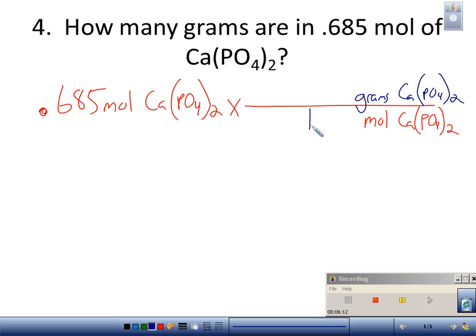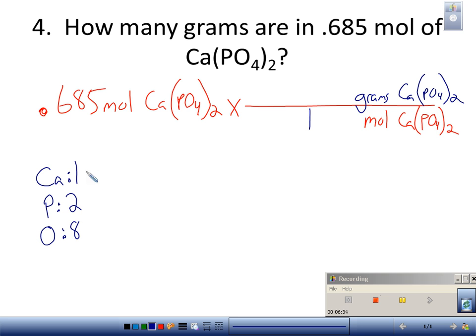Grams to moles, it's always 1 mole. For my mass of this stuff, I have 1 calcium. This 2 out here doubles everything inside the parentheses. So phosphorus times 2, there's 2 phosphorus. Oxygen is 4, but this doubles that, so there's 8.